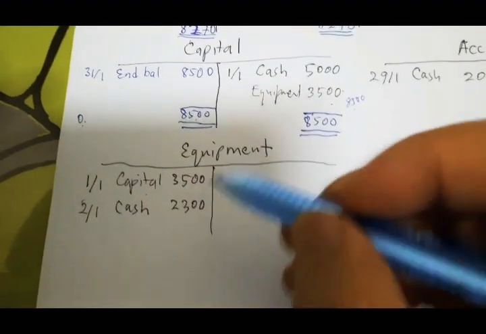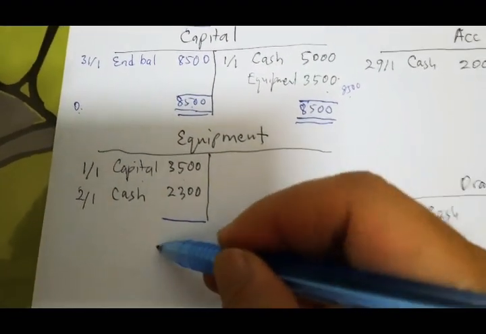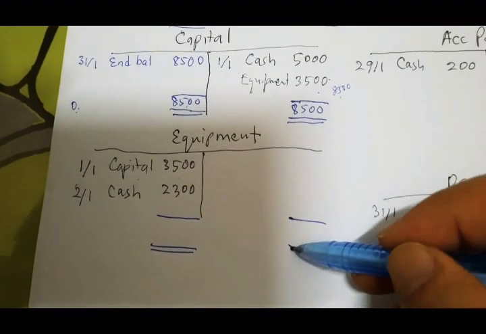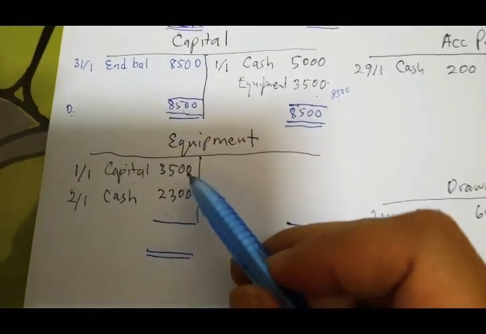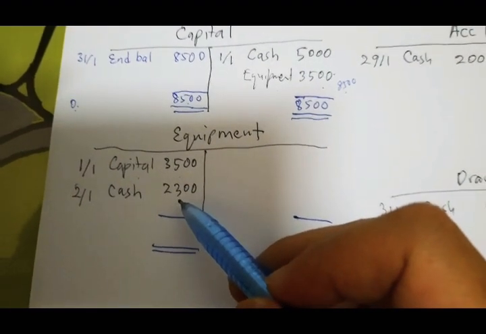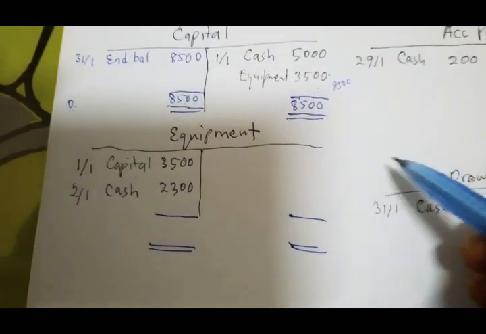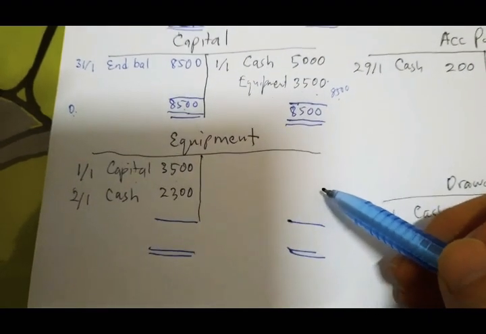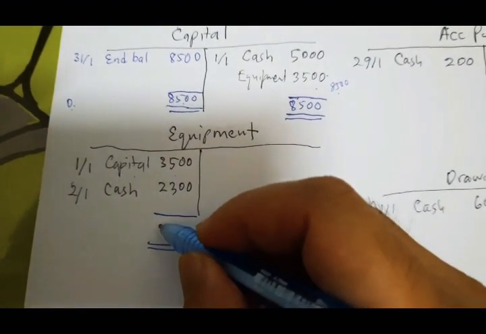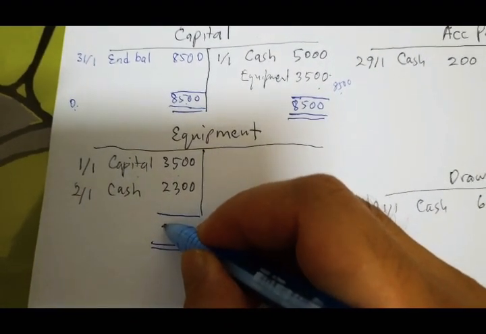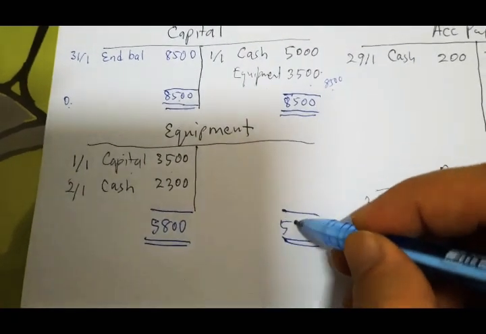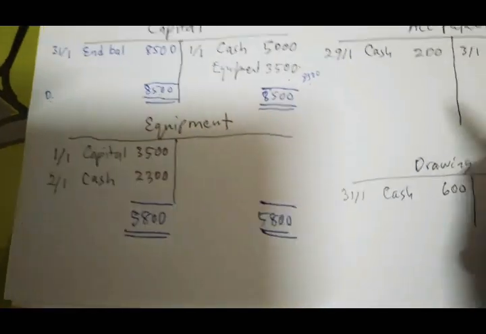See here, same thing. The equipment. What is the total in the debit side? The total in the debit side is 5,800. The total in the credit side is 0. So which one is higher? The highest number is here. So you put the highest number, 5,800, here too.